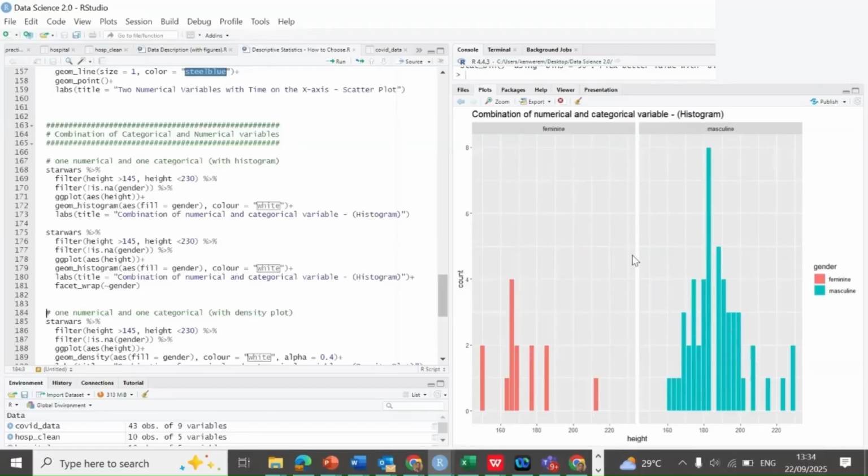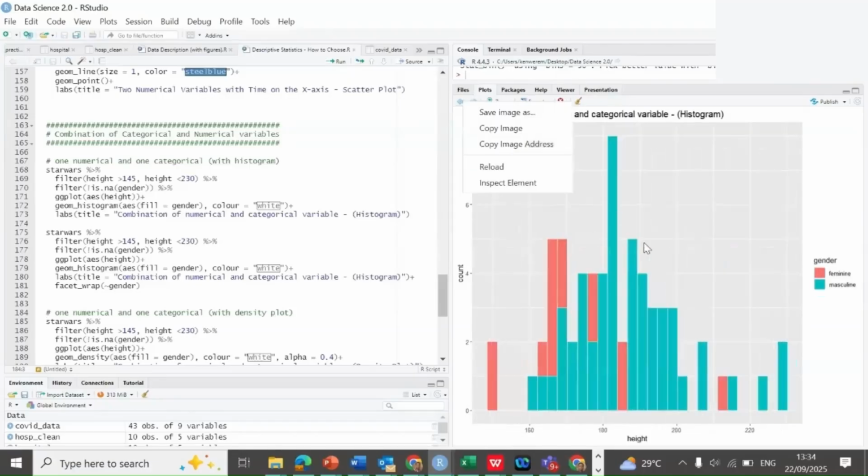So either you do it this way, or you do the disaggregation within one single graph like this. So we've seen how to use a histogram to give us a plot of a combination of a numerical and a categorical variable. Now let's see how we can do it with a density plot.